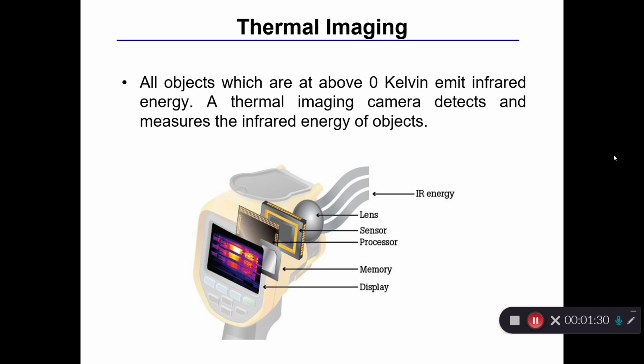Whereas a thermal imaging camera detects that energy using a sensor, and it undergoes some processing, and we obtain the image or video. So that's how it works. I have put it in a very simple way.